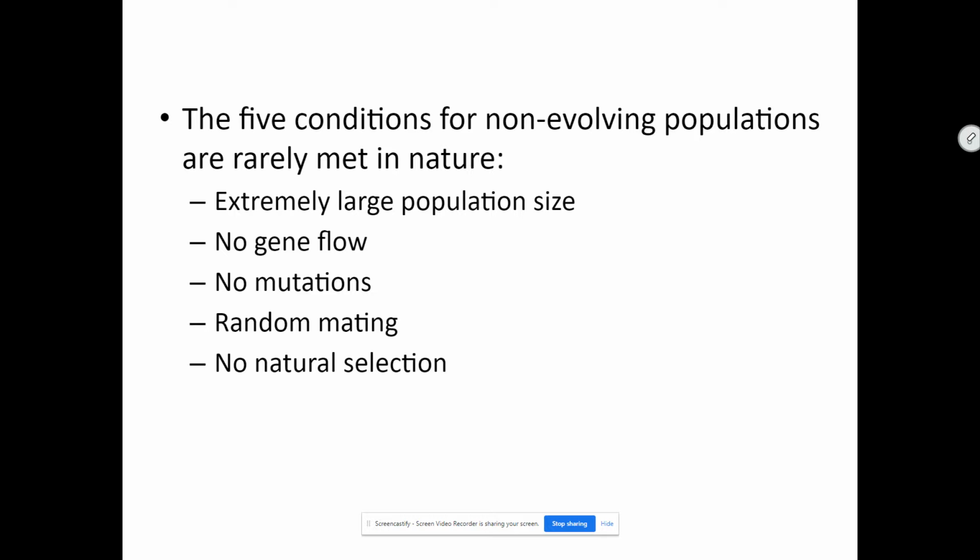Random mating. Now, this one may seem odd and usually does to people, but random mating basically means that when it comes time, let's go back to our population of let's say 10,000 sheep in this case, there's no reason for a female sheep to choose one male sheep over another, meaning they all have desirable traits.